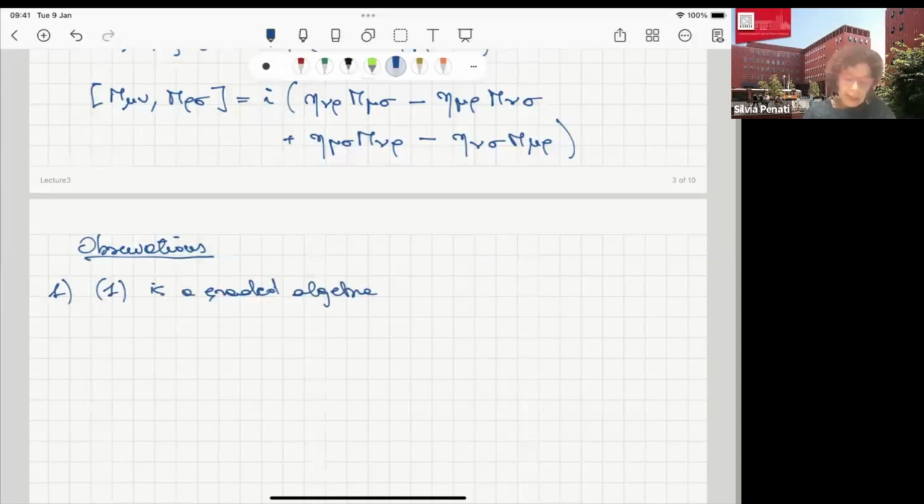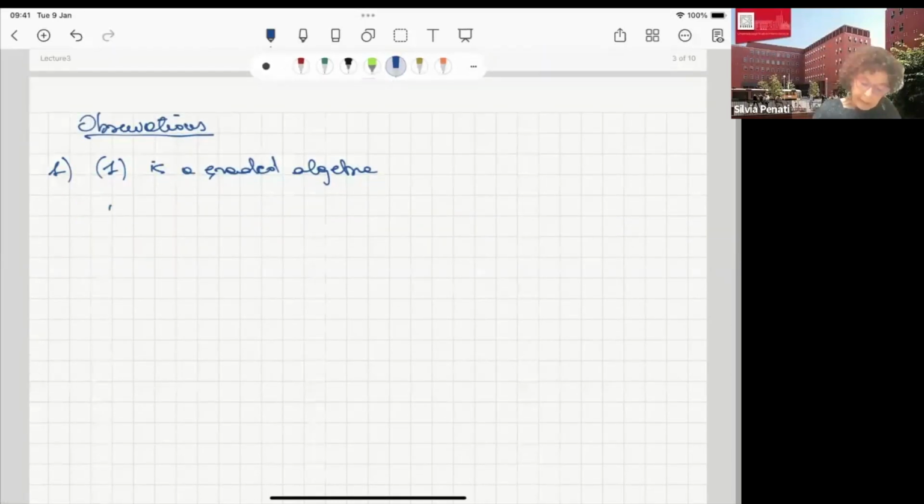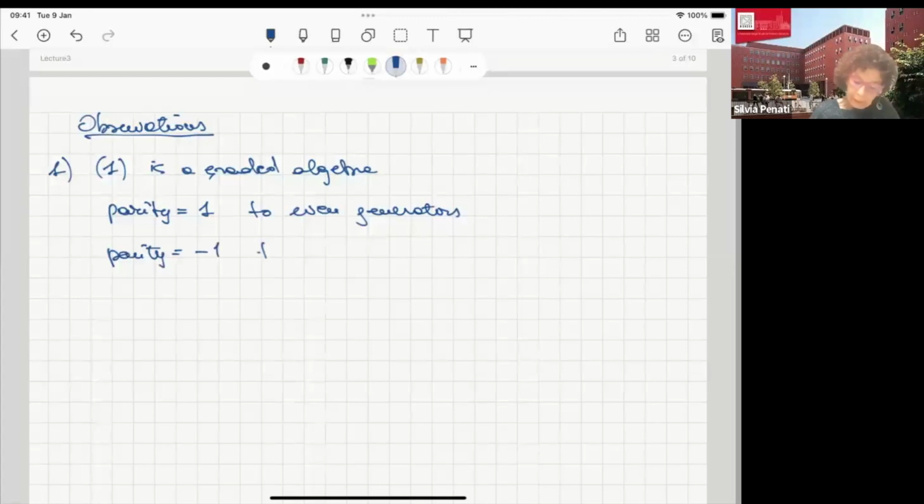In fact, we can assign parity equal to 1 to even generators and parity equal to -1 to odd generators.